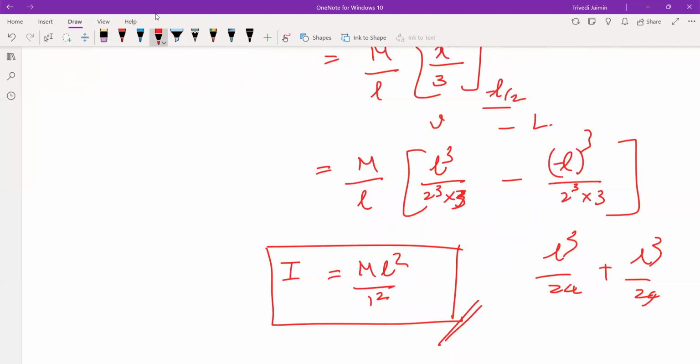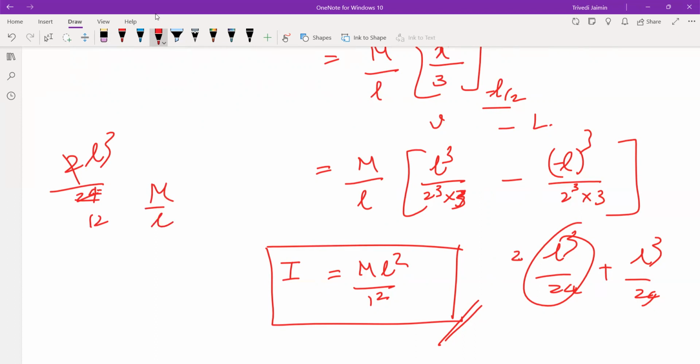If it is an even power, it becomes plus, but if it is odd, it becomes minus. So it will be twice of L cube by 24, which is L cube by 12. We already have M by L at the bottom, so the answer is ML square by 12.